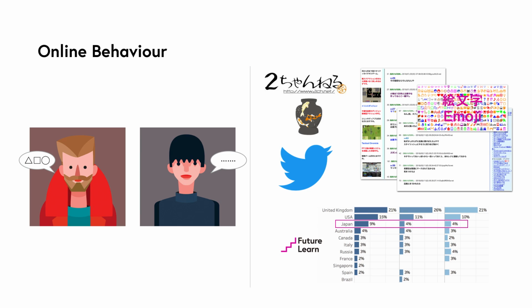But anyway, what's interesting for us was that in all of our courses, the number of social learners who posted at least one comment in the course was almost half of the FutureLearn average, and we rarely saw comments from Japanese learners.